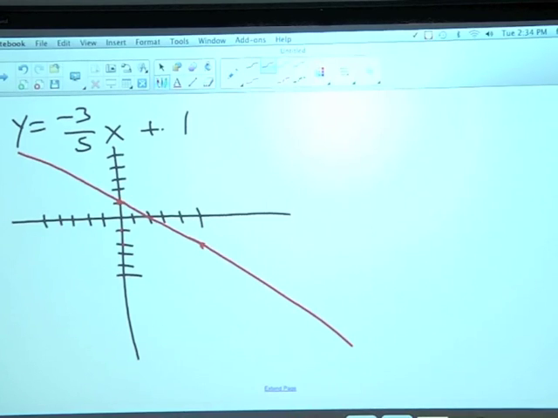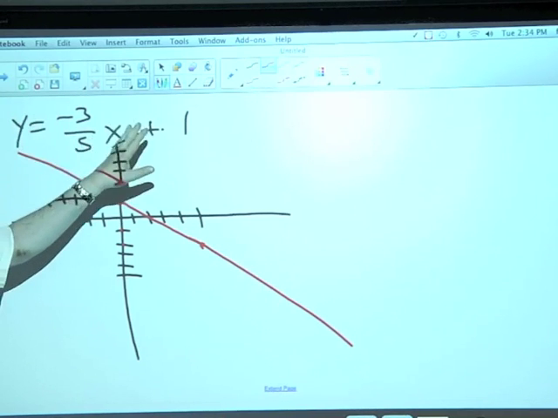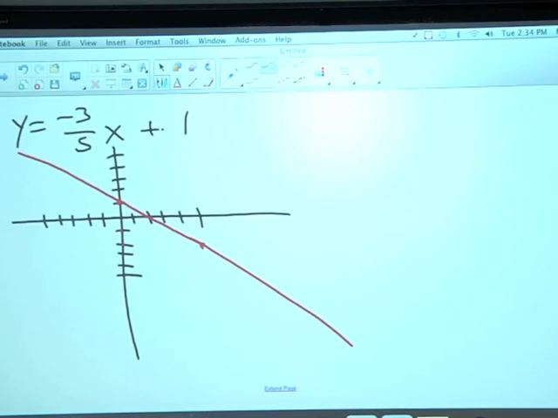If you have a fraction and you're picking numbers, you want to make x a multiple of your denominator, because then when you do the math, you end up with a nice whole number. If you pick some other number, you have to worry about part of a box. Whole numbers are easier to graph than fractional pieces. Why would you want to plug in values and solve it? Well, you can, depending on which way you like. Some people don't like the intercept method. It all depends.